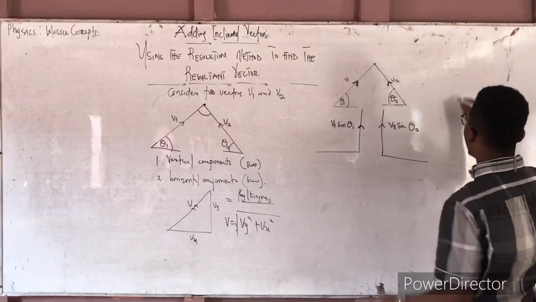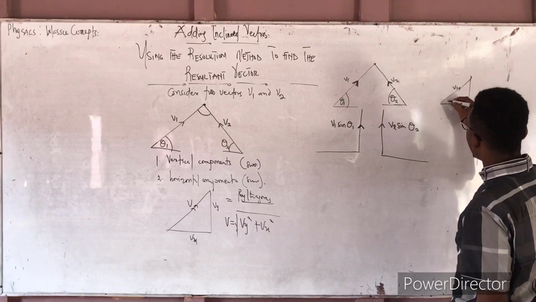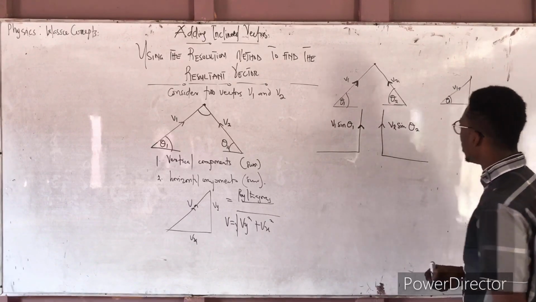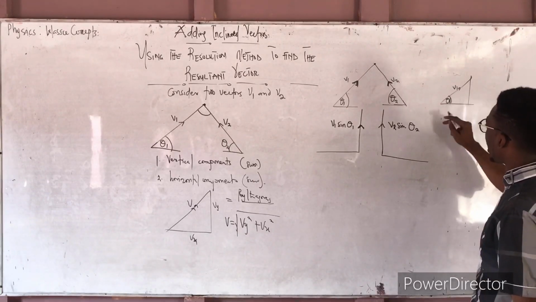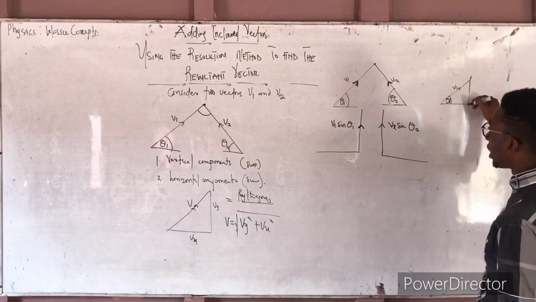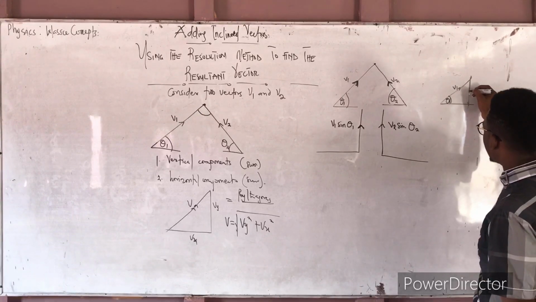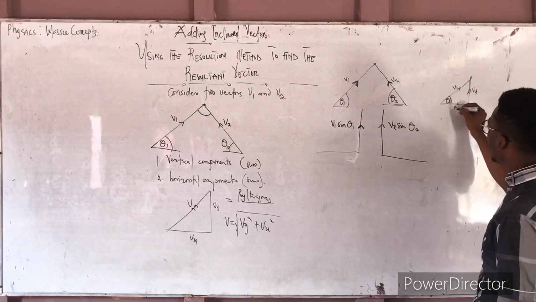If you take V1, for instance, when you complete it you get a triangle with V1 here and an angle θ1 here. To find this horizontal line, which is the horizontal component, let's say this vertical component here is V1y and this horizontal component here is V1x.